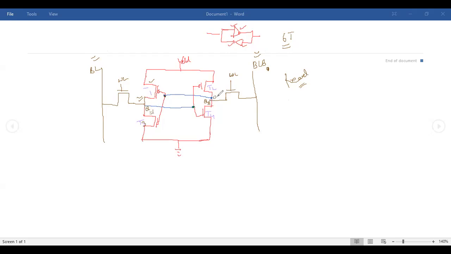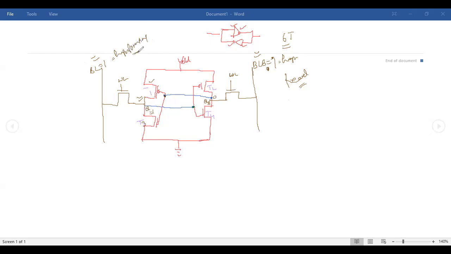We want this data to be reflected on the bit lines. For this, for data to be reflected outside, we make both bit lines the same initially. We have BL is equal to 1, BLB is equal to 1. What does 1 mean? 1 means the initial values of these bit lines are high. It means we give high potential to these bit lines.